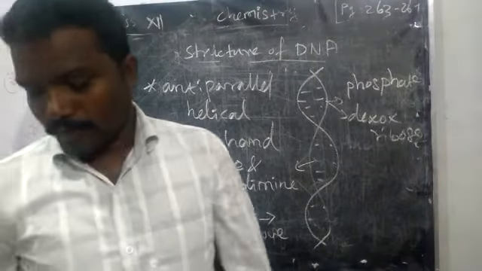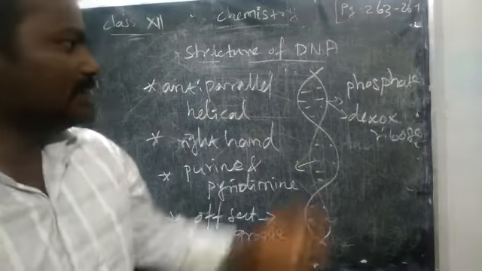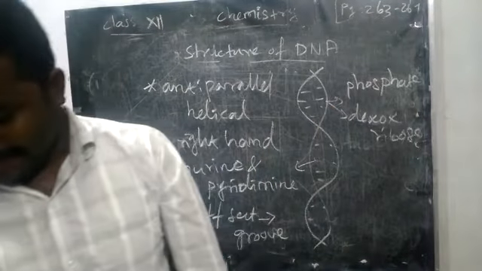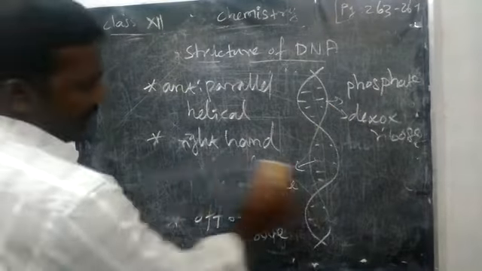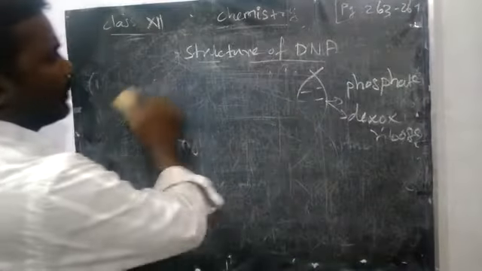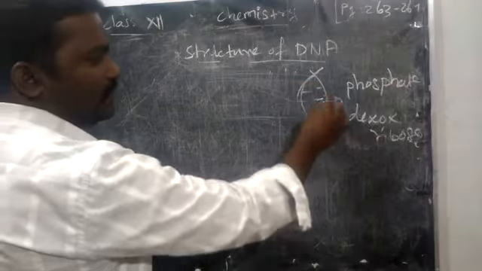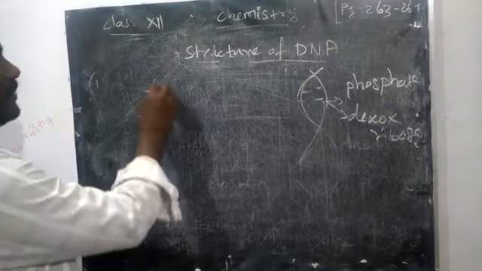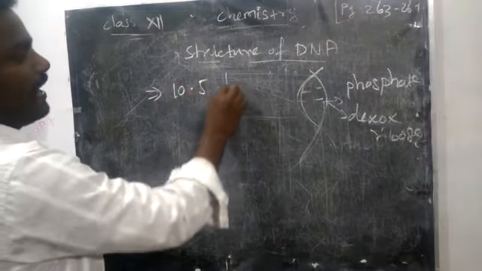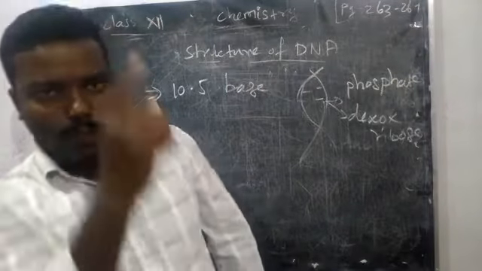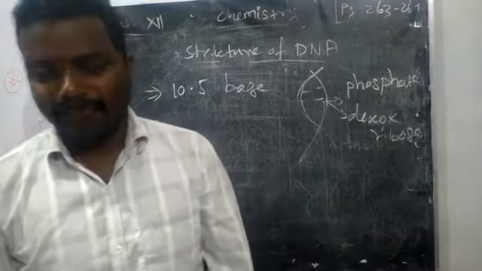And also we can understand the length within one turn. What is the length of this? If you take one turn of this helical structure, it has 10.5 base groups. How many base groups are present within one turn? 10.5.